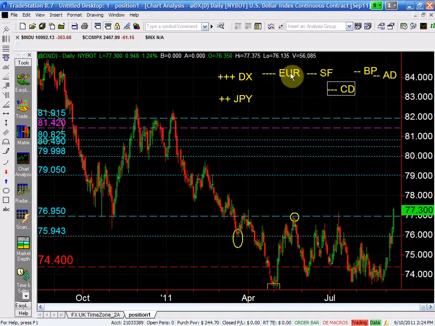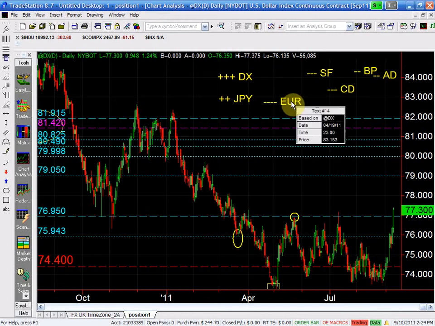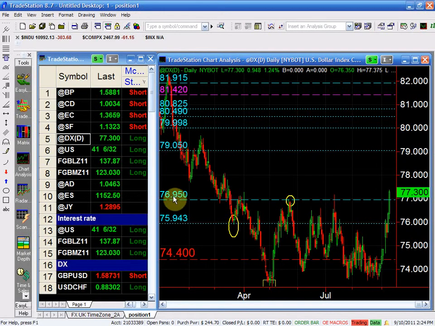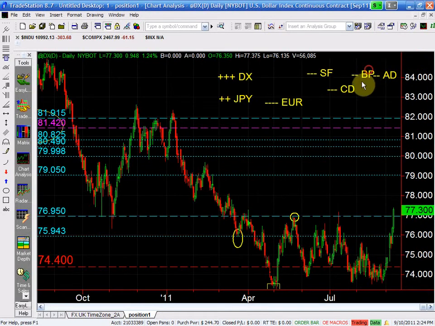I can also look at the other pairs with regards to the euro Aussie and the euro pound. So I can go short euro pound, and I can go short euro Aussie.